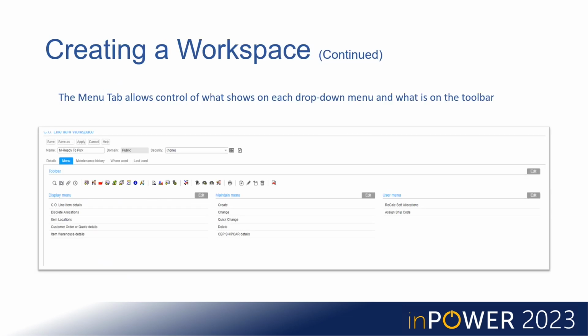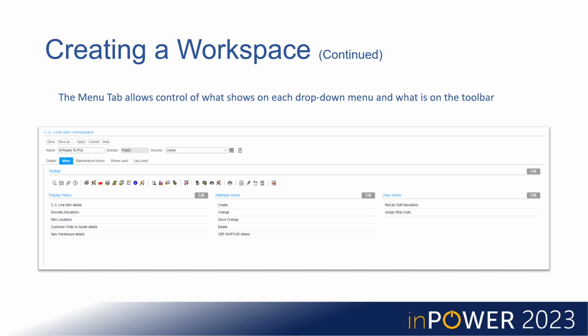So the other option on the menu tab when you're creating workspace, you can do something else really cool. So on the top line you'll see an edit over at the right, about midway. That's your toolbar, and you see all your toolbar icons. Well, you click that edit, and you can select what toolbar icons show up there.